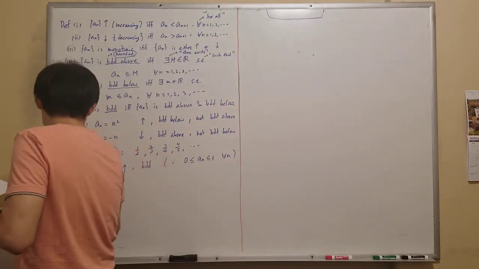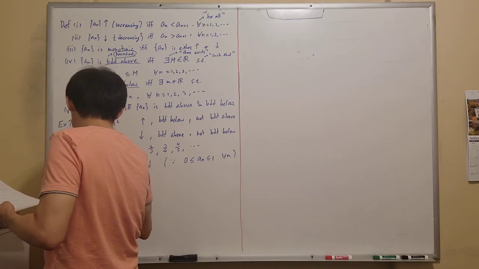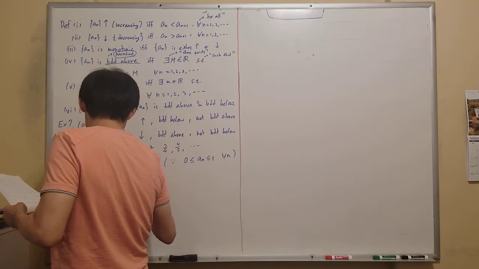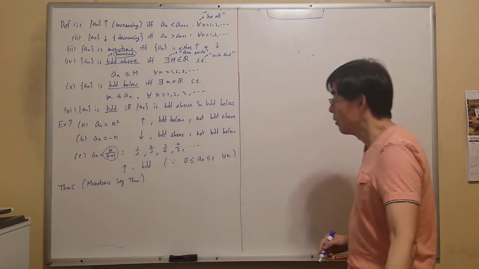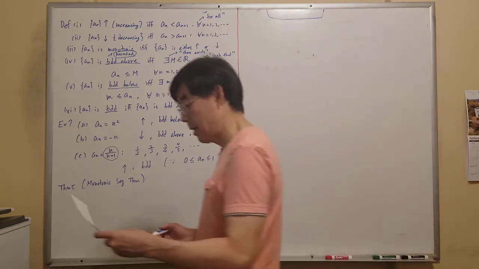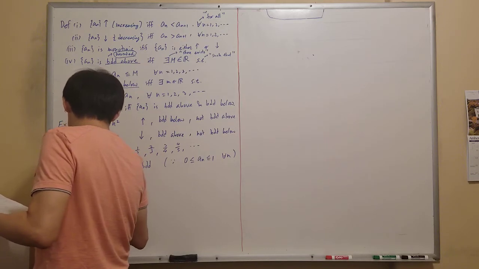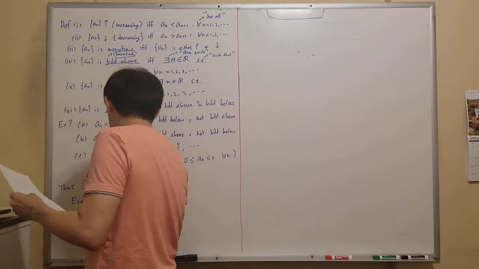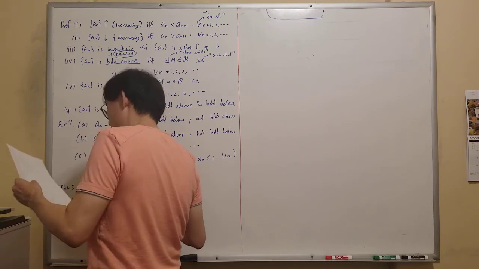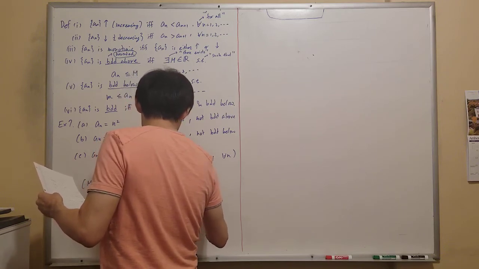Now, there is a very important theorem called the monotonic sequence theorem. The monotonic sequence theorem says that every bounded monotonic sequence is convergent.